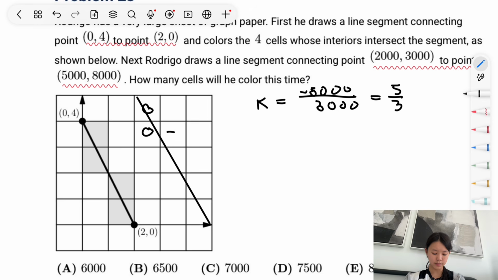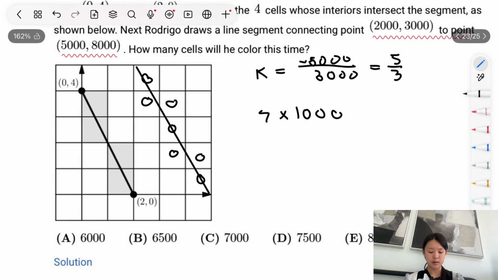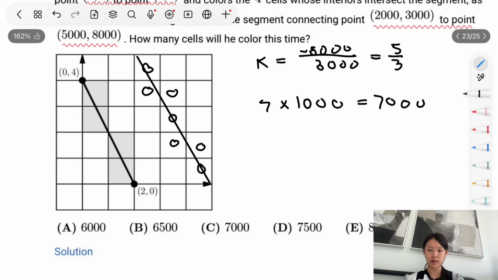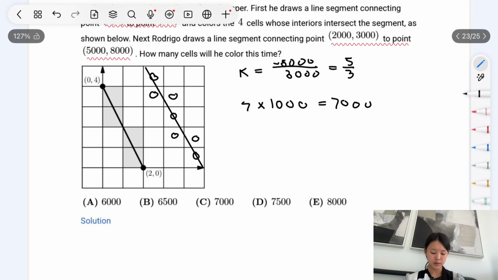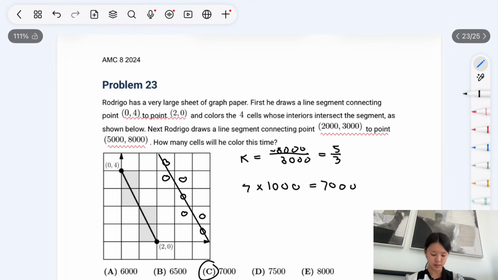And then you would have these squares to be covered up, which is 7 squares in total, and then times 1000 again to get how much it would color within the whole segment. That would come down to 7000 squares that he would color. So in total the answer is C, which is 7000.